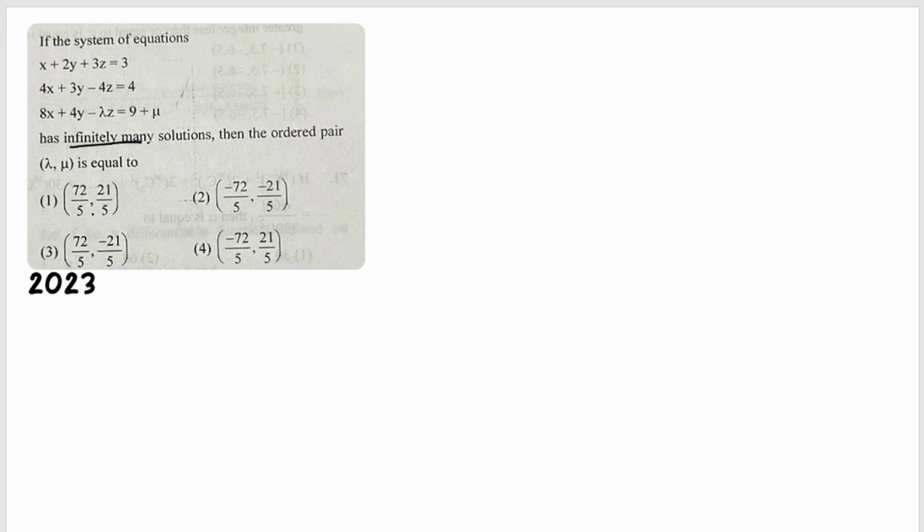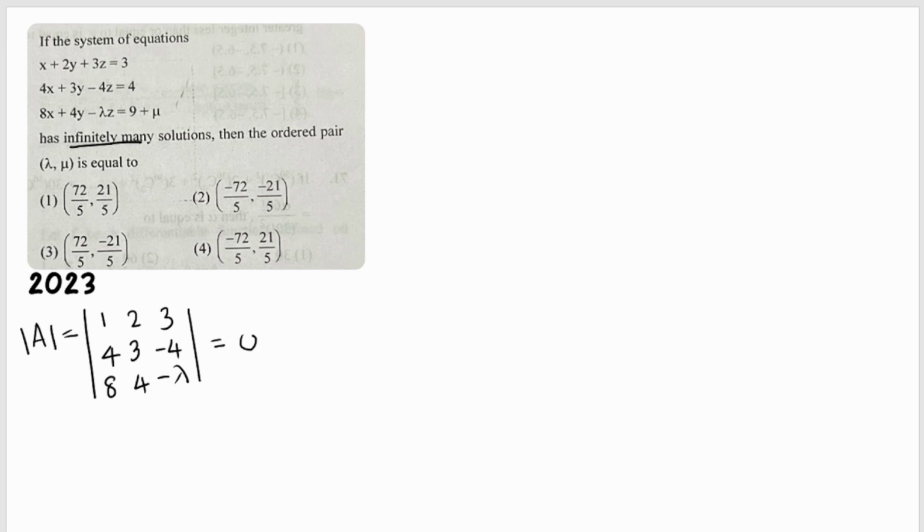For finding the value of lambda, first we will take the determinant A. We'll equate it with 0, then we'll get the value of lambda. For finding determinant A, we have matrix 1, 2, 3, 4, 3, minus 4, 8, 4, minus lambda.